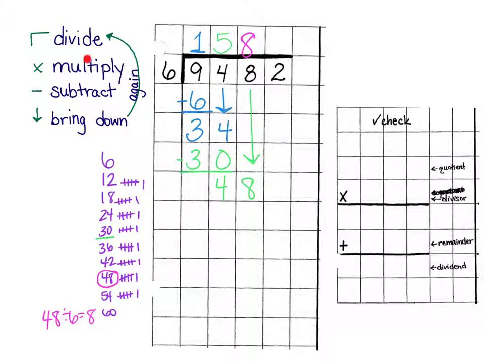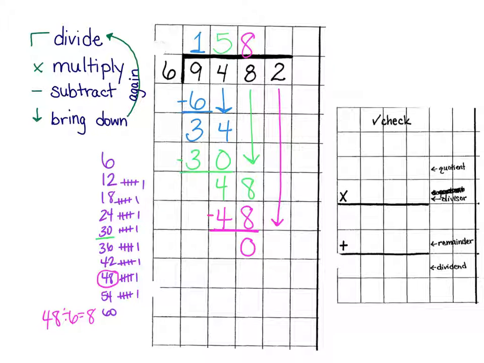Let's multiply. 8 times 6 is 48. Then we need to subtract. 48 minus 48 is 0. And the last thing we need to do is bring down. Then we start and do it all over again.